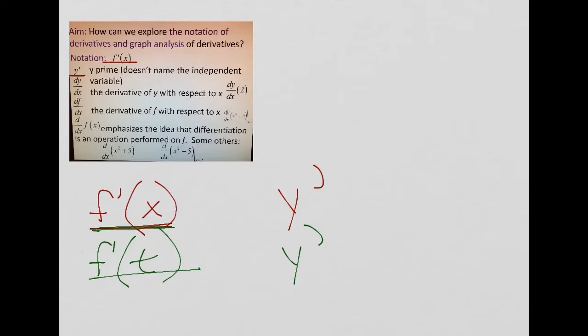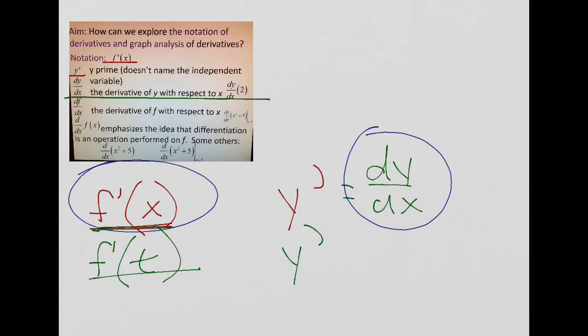There's another way that we can write the derivative of y, and that is dy over dx, which is written here. The derivative of y with respect to x. These are pretty much the ones that we use if our function is f of x.